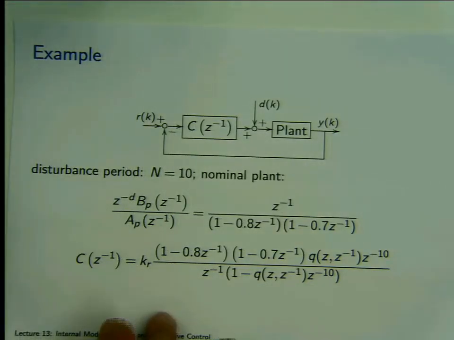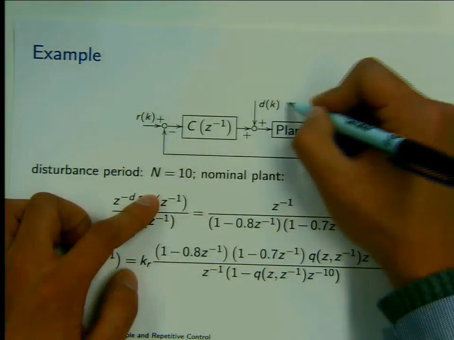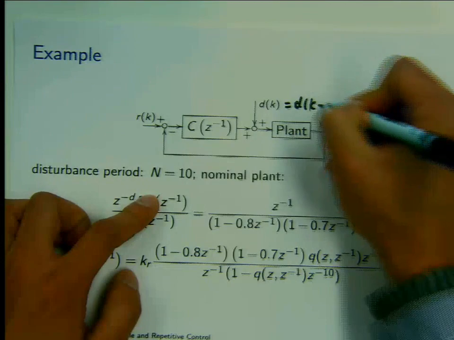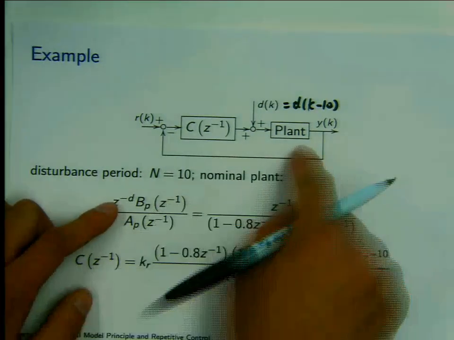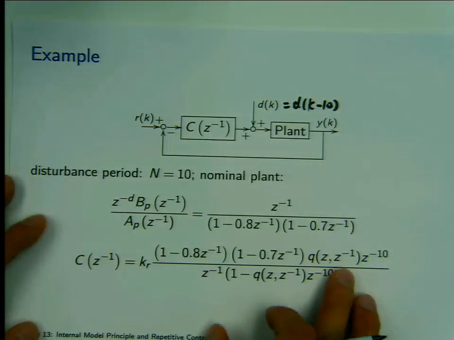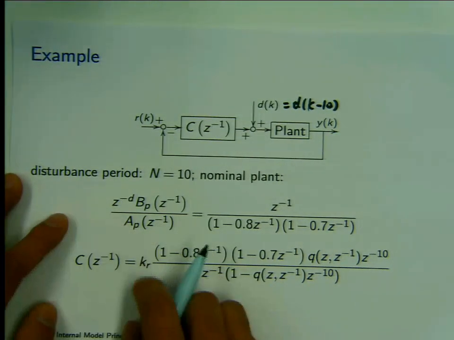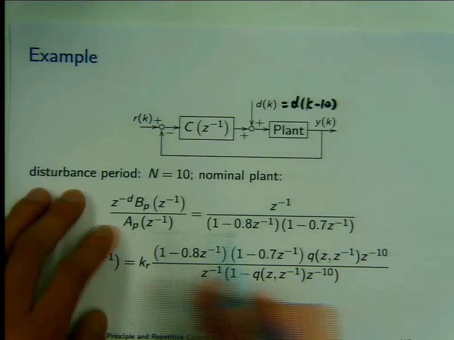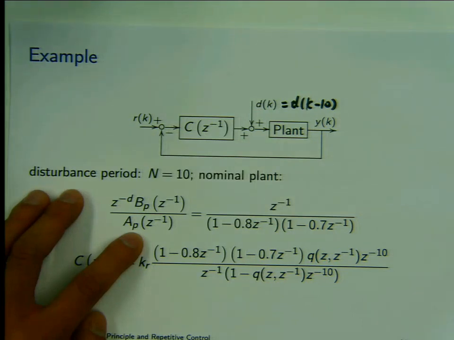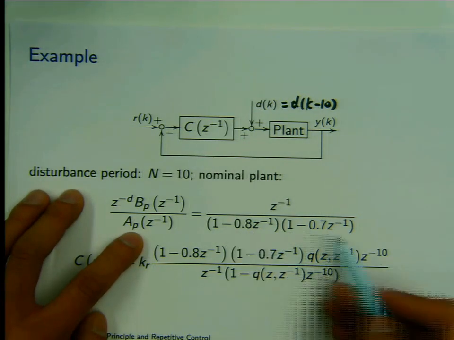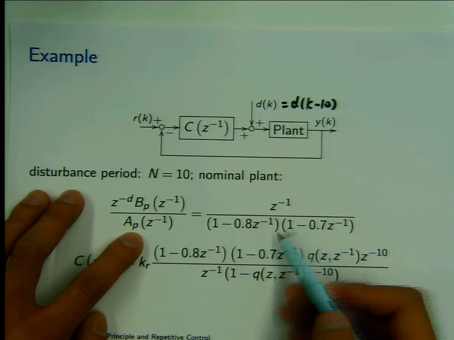Finally, we can take an example together. If I have a periodic disturbance, the period is n, and I want to design a controller. I think I'm designing the prototype repetitive controller here. If the plant is like this, at this stage, it's probably a good idea to get used to this kind of notation where I use z negative 1 in the transfer function.